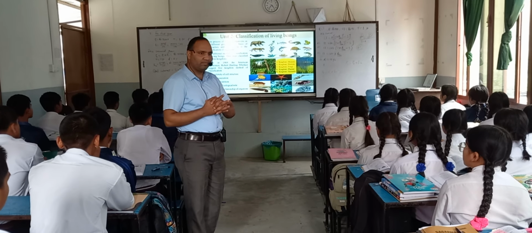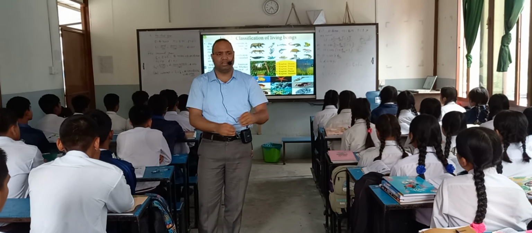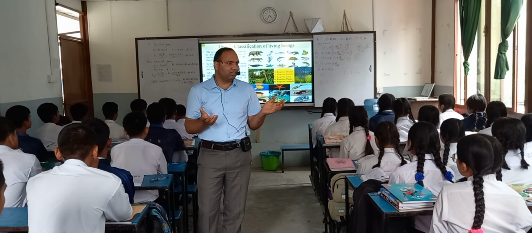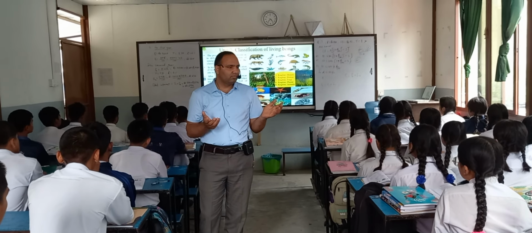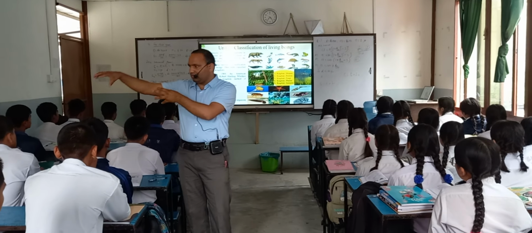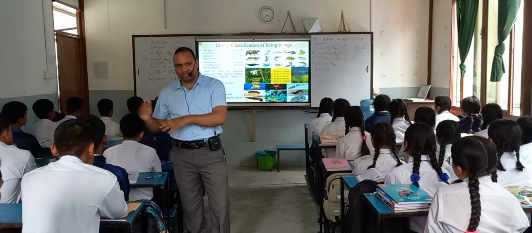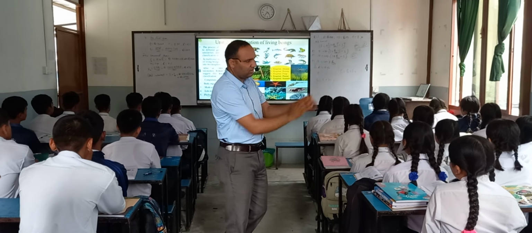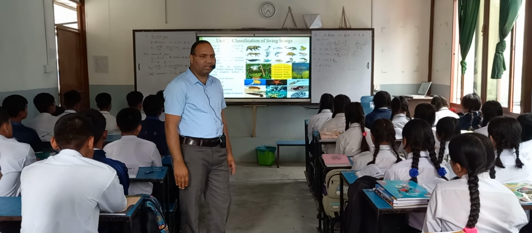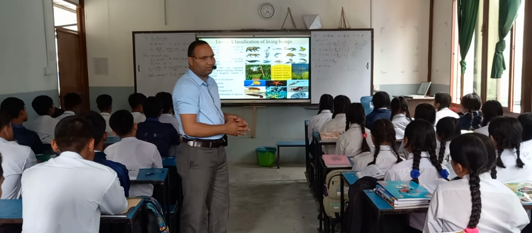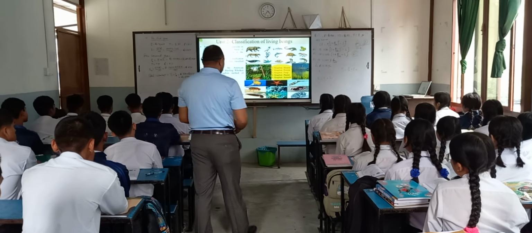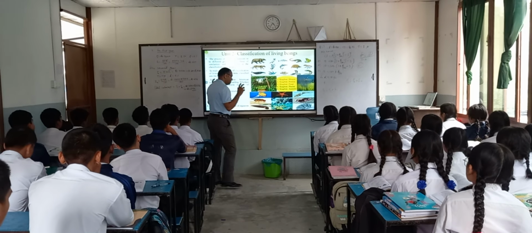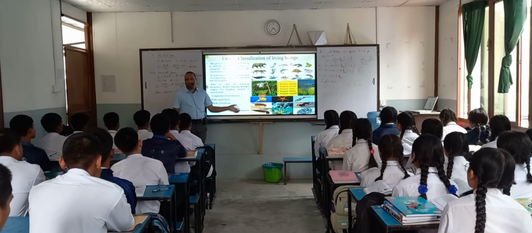And the mode of nutrition: as you know, some organisms make their food by themselves and some do not. The organisms able to make their food by themselves are kept in one kingdom, and the remaining organisms, which do not make their food by themselves, are kept in another kingdom. In this way, organisms are classified into several kingdoms.